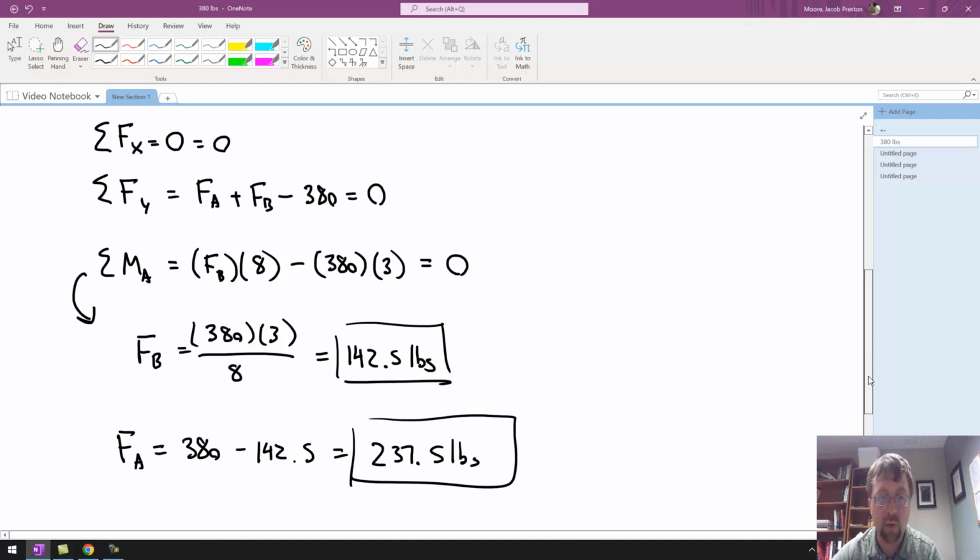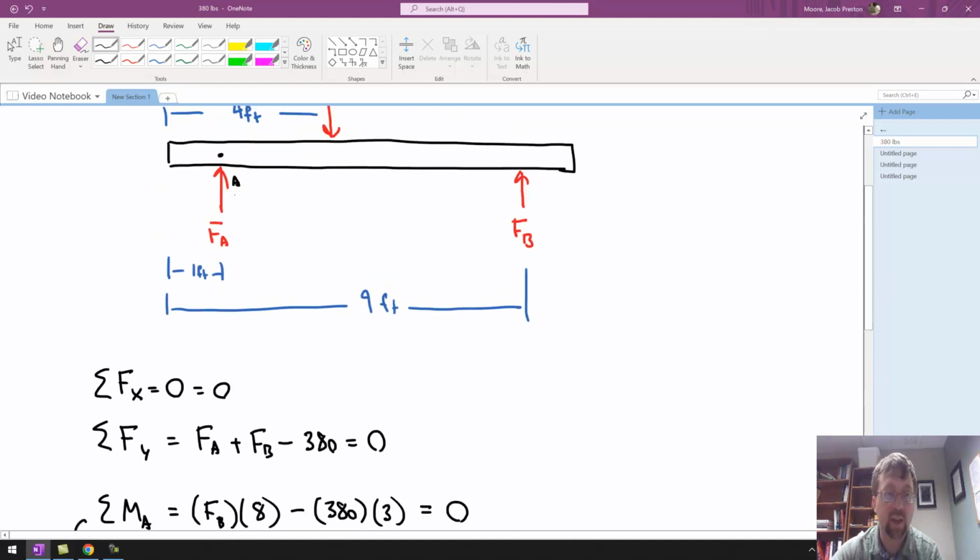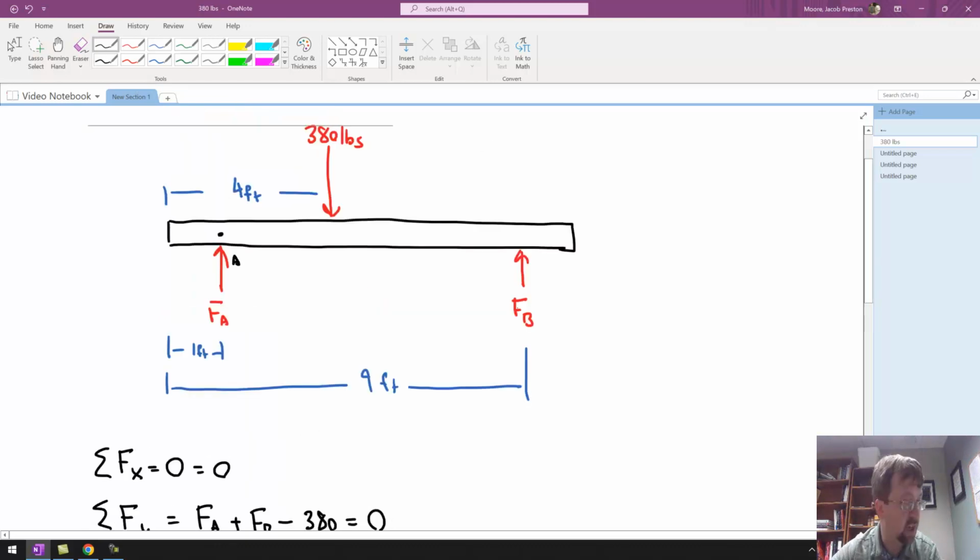All right, so over on the left, F_A is 237.5 pounds. Over on the right at F_B, that is 142.5 pounds. All right, so that's all we've got for today's worked example. Thank you for watching. Hope to see you again.